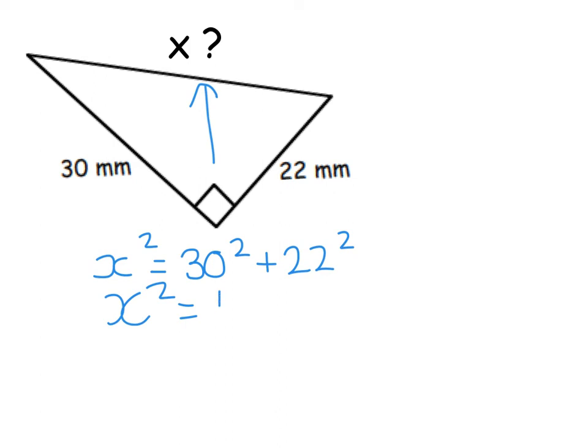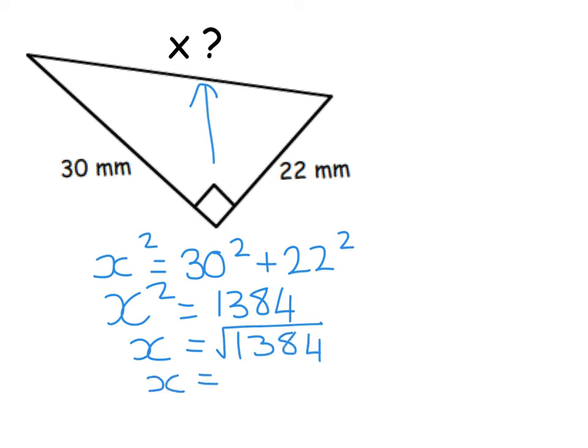And it gives you 1384. And then you have to take the square root of that. So that's when you hit the square root button. Either type the number in or do square root of your answer, as long as you haven't cleared your calculator. And it gives you 37.202, so that's going to go to 37.20 millimetres this time, to 2 decimal places.